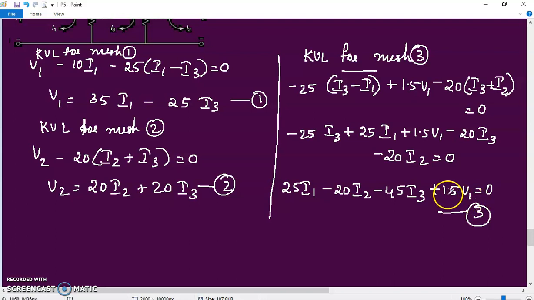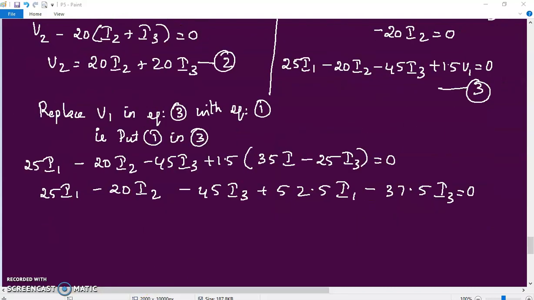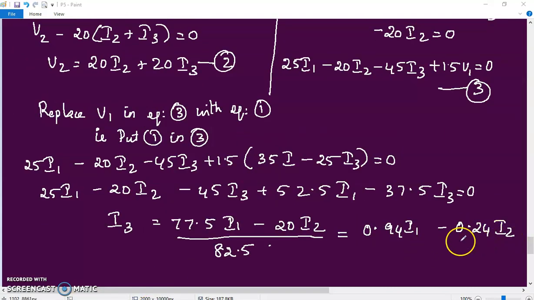So we can replace this V1 with equation 1 so that we can get I3 in terms of I1 and I2 alone. This is the equation for I3, let it be equation number 4.